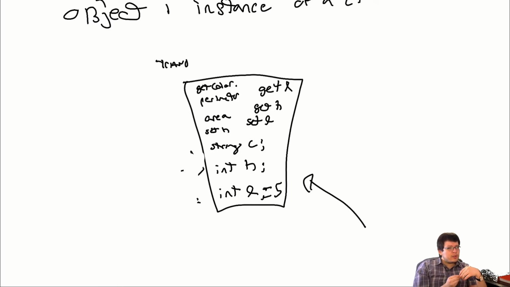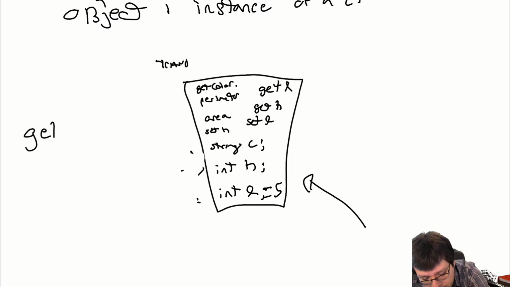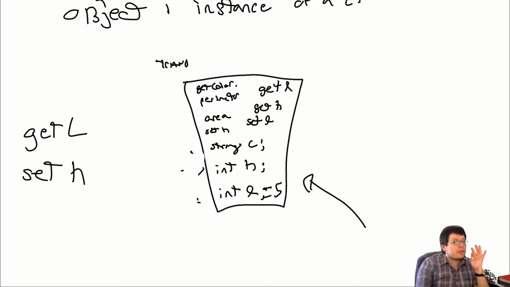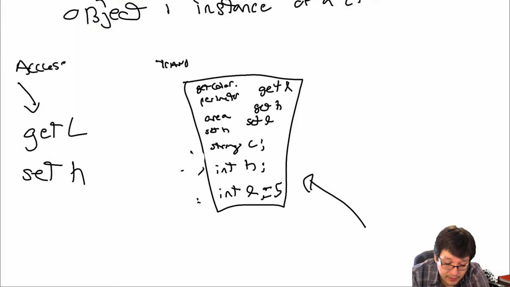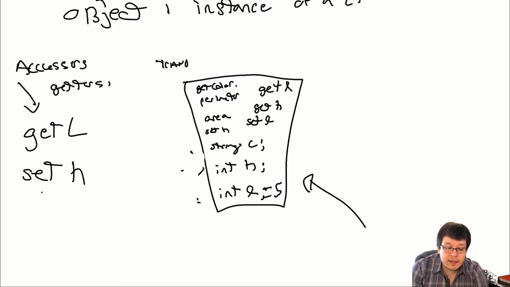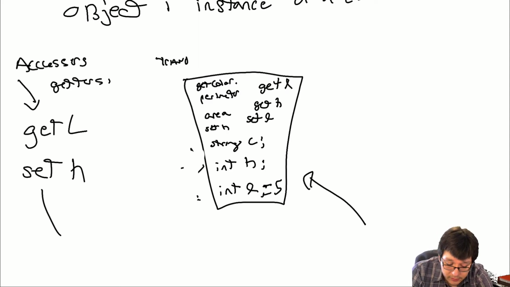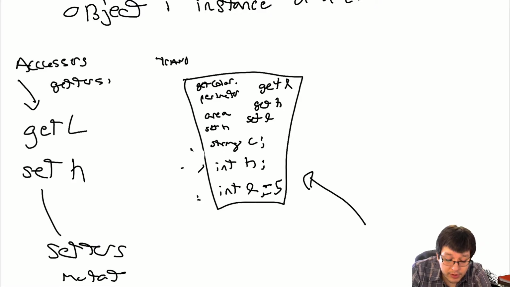So what I'm using here with get and set, which I'll write in bigger letters so you can see better, like getLength or setHeight, these are called accessor functions, or getters. So accessors or getters. And these are called setters, which modify something in the class, or also mutators.